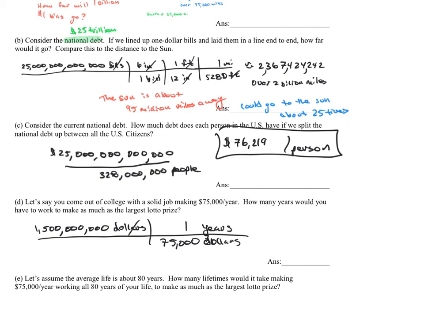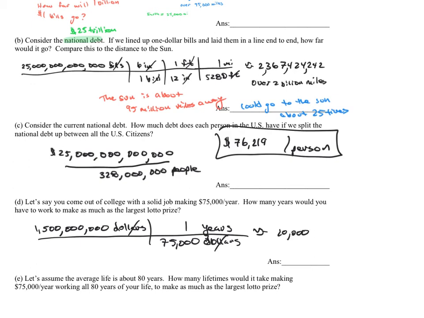And so what this is going to do is tell us how many years you would have to work. So I'm going to do 1.5 billion in my calculator, 1,500,000,000, and then I'm going to divide that by 75,000. 75, 1, 2, 3 zeros. Hit enter. How many years do I have to work?